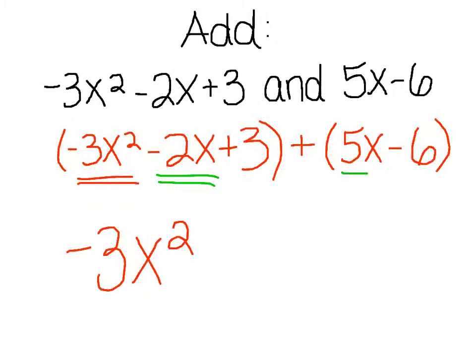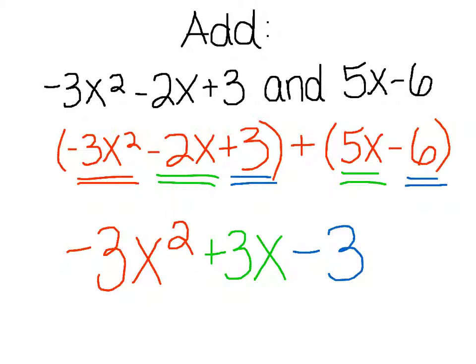Well, that matches with 5x, so negative 2x plus 5x is going to be plus 3x, because 5 minus 2 is 3. And then finally, I have positive 3 and negative 6. Those are like terms, they get added together, and 3 minus 6 is negative 3. So my final answer is going to be negative 3x squared plus 3x minus 3.